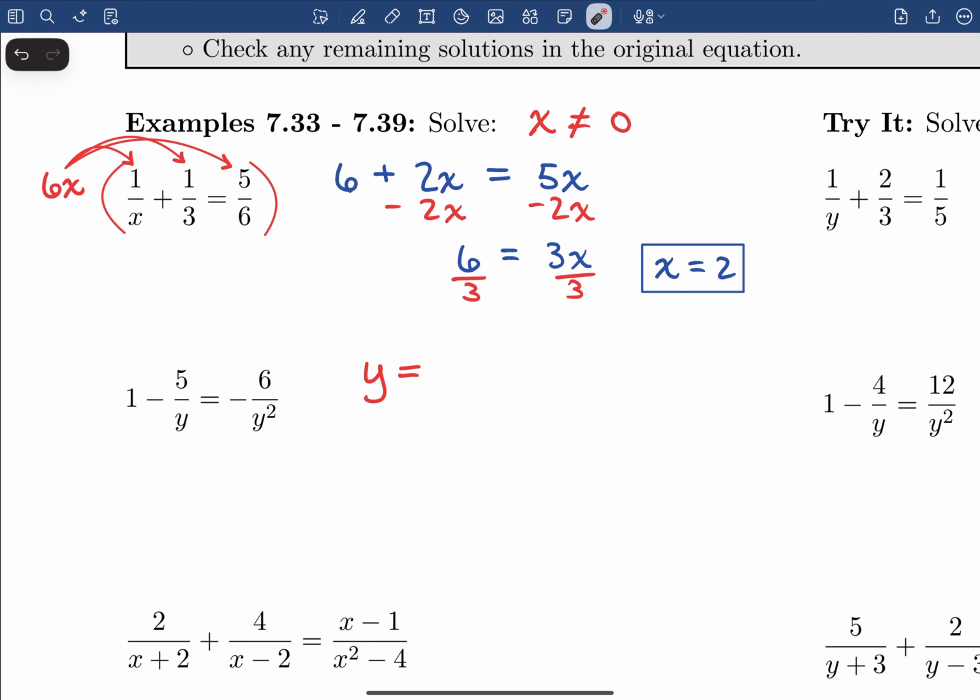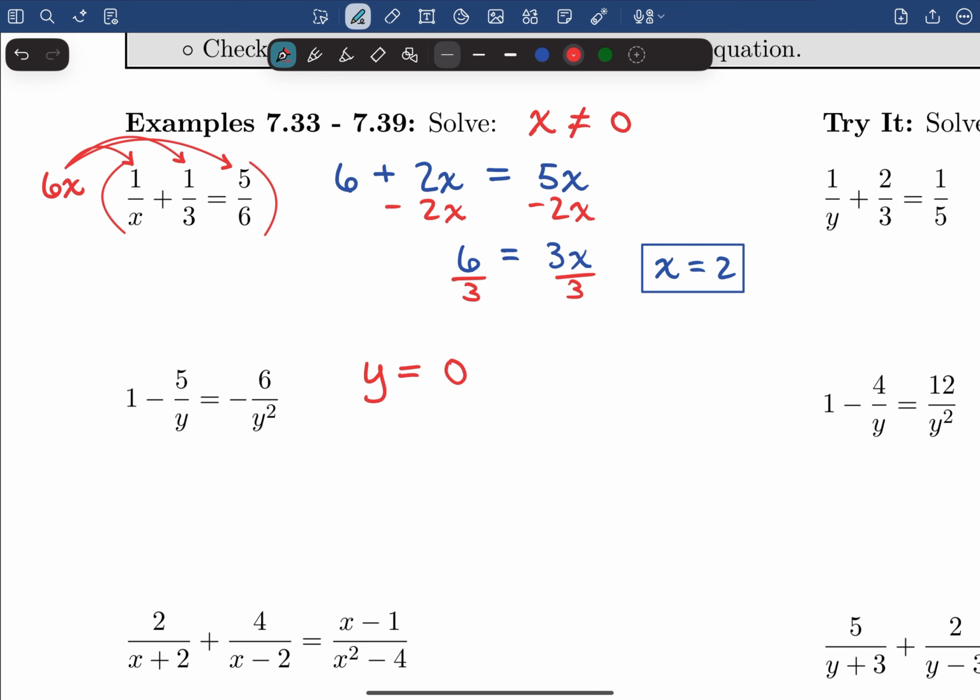So I look at this y and this y squared, and I say, well, if y itself was 0, that would cause these denominators to become 0, right? So if I replace y with 0 here, this denominator would become 0. And if I replace y with 0 here, 0 squared is 0, so this denominator would be 0. Okay, and that's the only value that would cause the denominator to be undefined for this fraction.